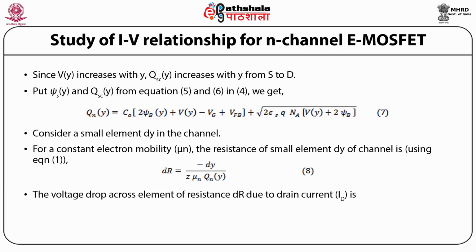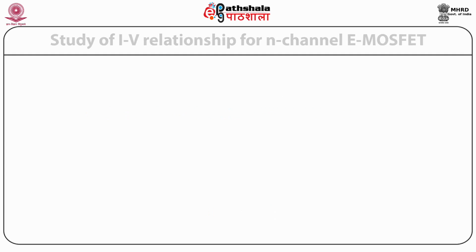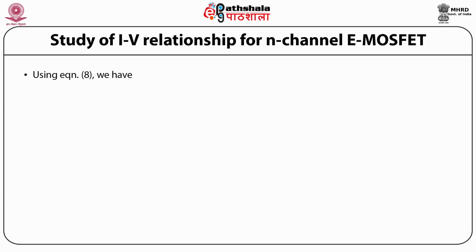So the voltage drop across the element of resistance dR due to drain current Id is dV equal to Id multiplied by dR. So using equation 8, we have Id dy equal to minus mu n multiplied by Z multiplied by Qn(y) multiplied by dV. So this has been termed as equation 9.